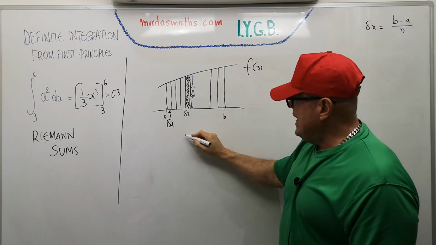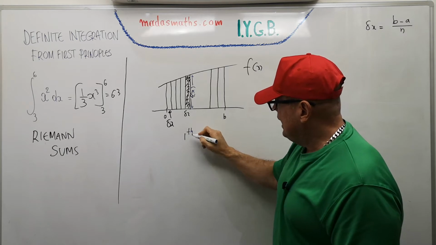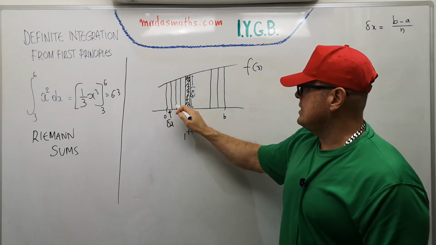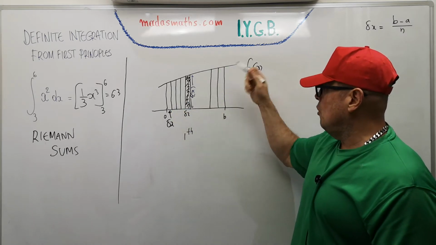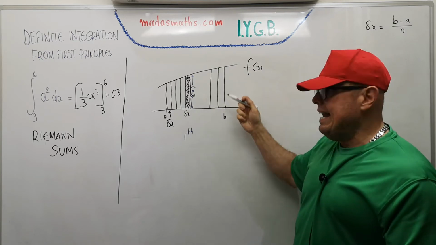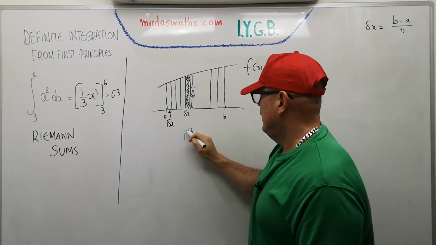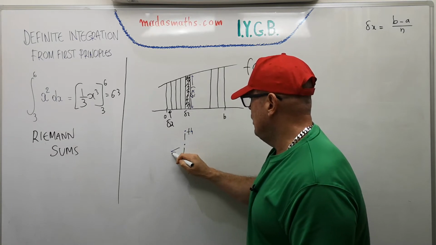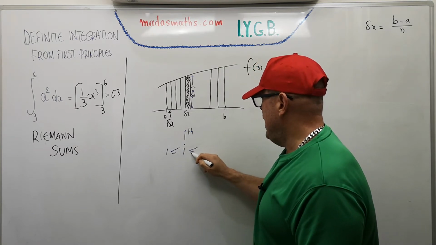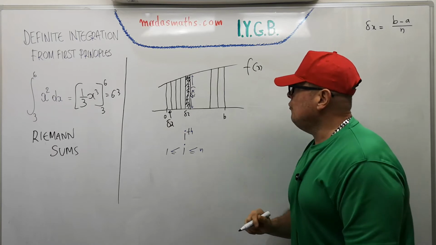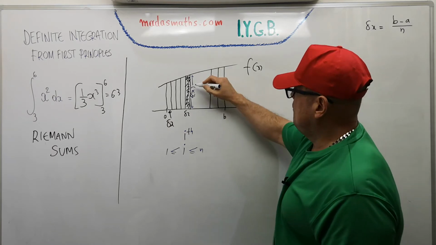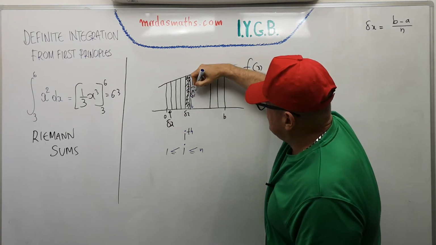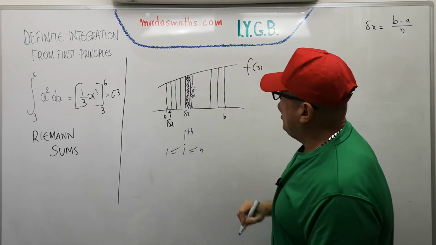Well, it's the ith rectangle, where that's the first, the second, the third, the fourth, the fifth, and so on. And of course, this is the nth one. So the i, if you want, runs from 1 to n. So of course, the height of this particular rectangle is f of xi.